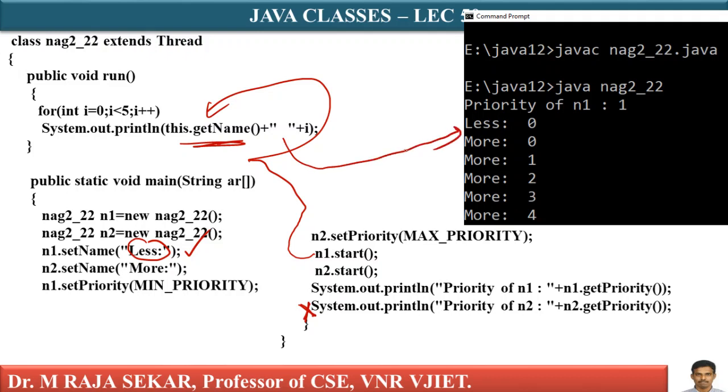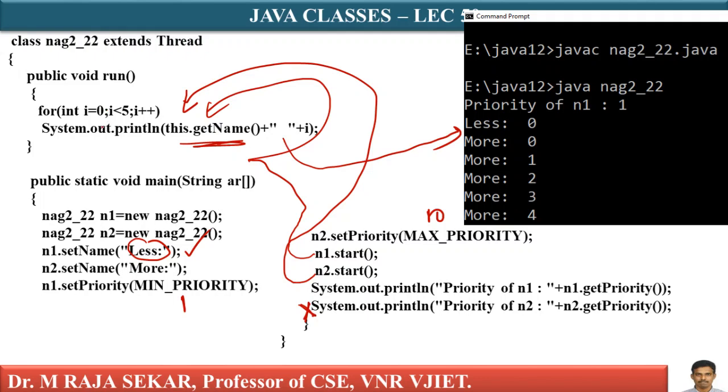Just see, less 0. But whose priority is higher? N2's priority is bigger than N1. N1's priority is just MIN_PRIORITY, 1. N2's priority is 10. As N2 has got higher priority, again the N2 thread will go to its corresponding run method. Now what's happening here?